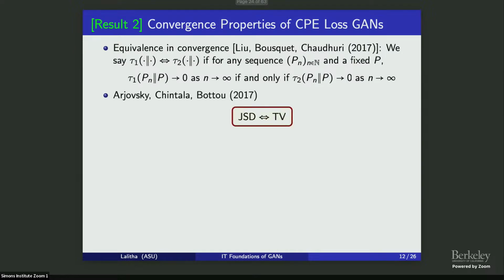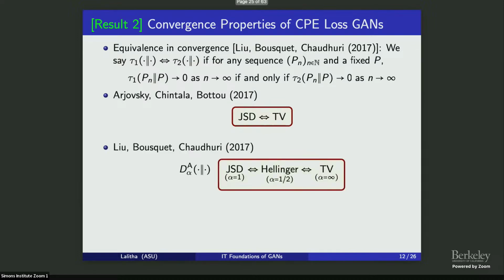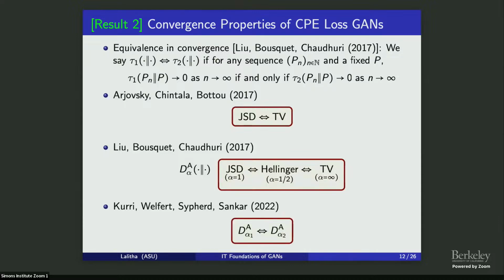And what Arjovsky and his collaborators showed is that the Jensen-Shannon divergence is equivalent in convergence to the total variation distance. Then Chowdhury et al. and Liu et al. showed that in terms of convergence, the Jensen-Shannon, the Hellinger, and the total variation are equivalent. What we did was we showed that all alpha divergences, the Arimoto divergences, are equivalent in convergence.